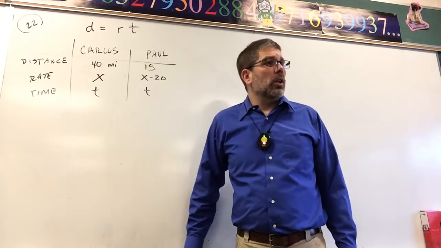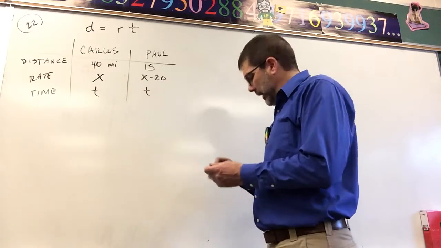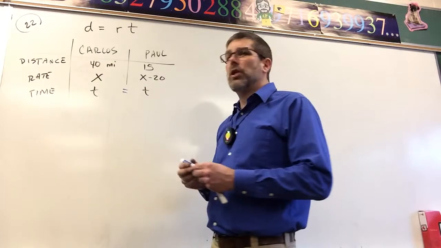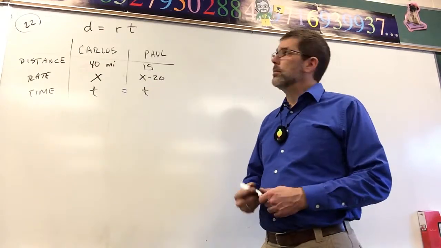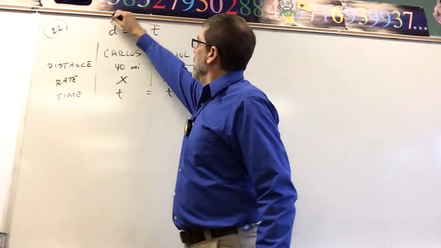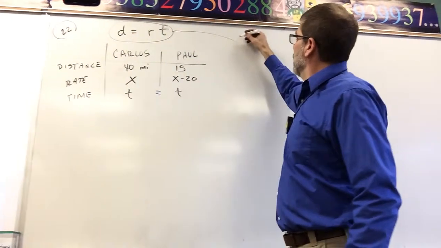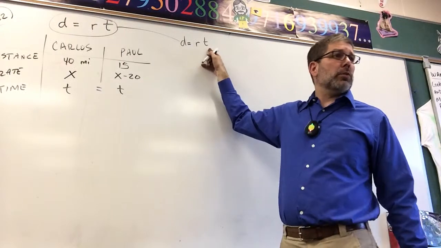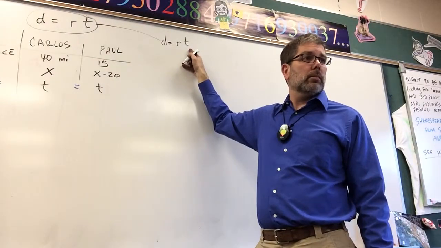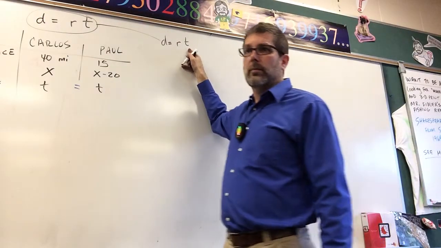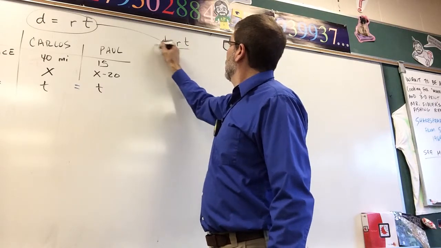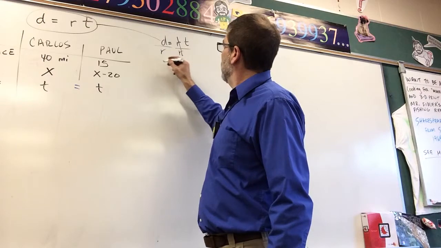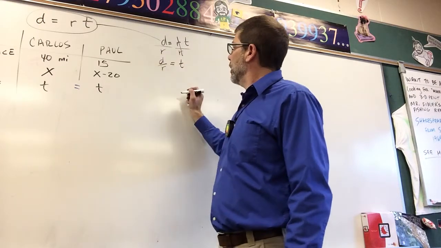Well, we kind of want to look through and see what we know. And one of the key things that we know is that the times are equal to each other. So if we take this equation, distance equals rate times time, could we solve this for t? Yeah. You could divide both sides by r, and so the time equals the distance divided by the rate.